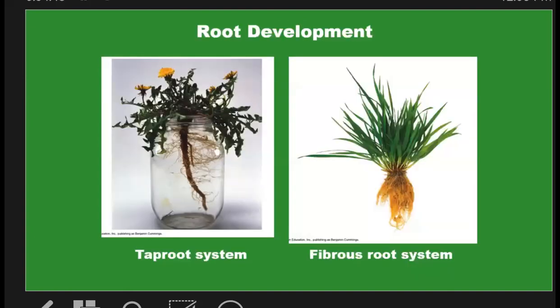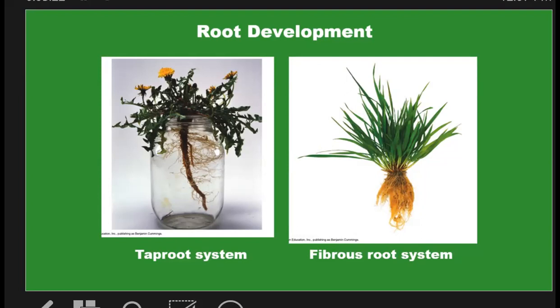You tend to see this kind of comparison when you look at overall root system, and there are two extremes. On the left is the extreme of a taproot, where it's a huge, definite central taproot, very thick, very obvious, and then you have some lateral roots coming off of that. On the right image, you have the fibrous root system where there is no taproot. Instead, all the roots pretty much look the same, and that is very common.